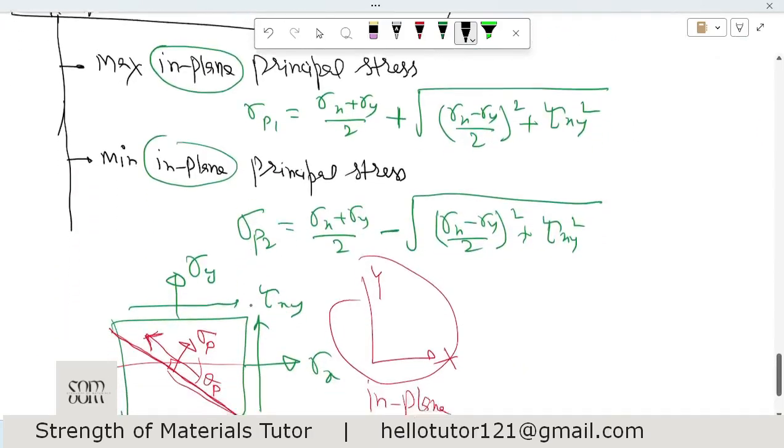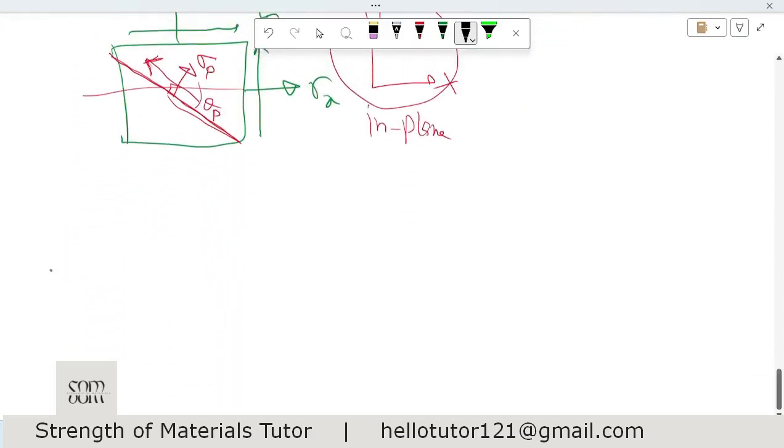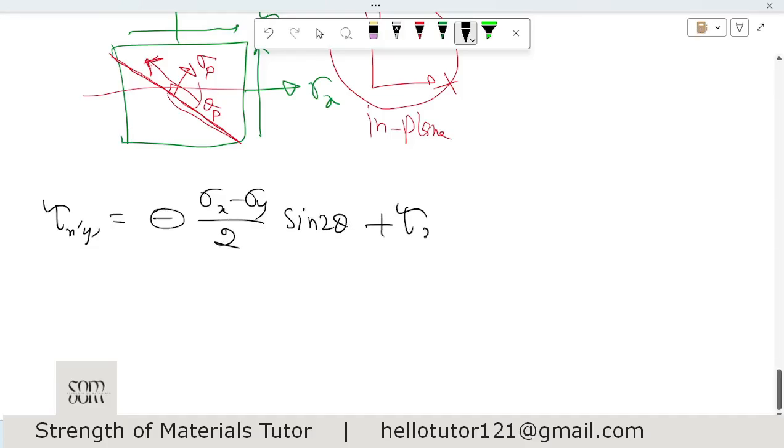Let us find it. Now we know tau x prime y prime is negative sigma x minus sigma y by 2 sine 2 theta plus tau xy cosine of 2 theta. Now we are talking about the principal plane, so we will put theta p here.